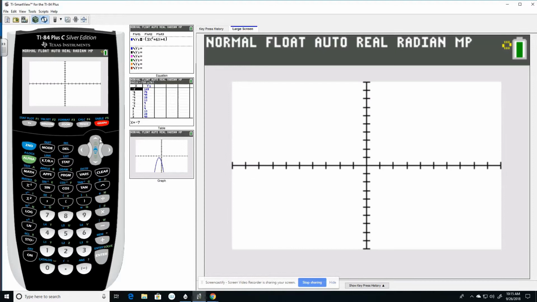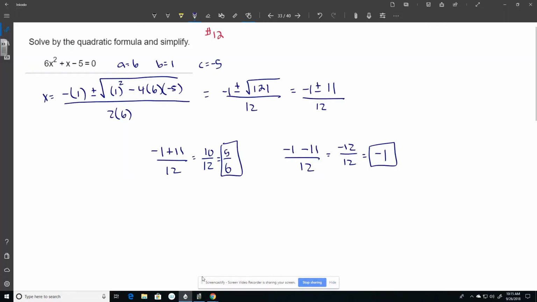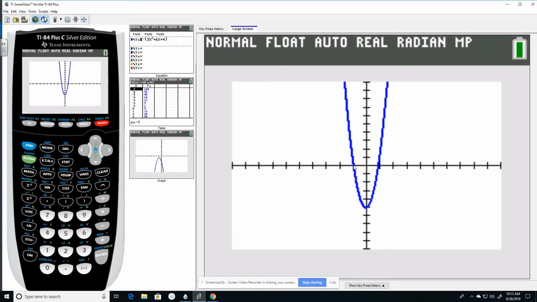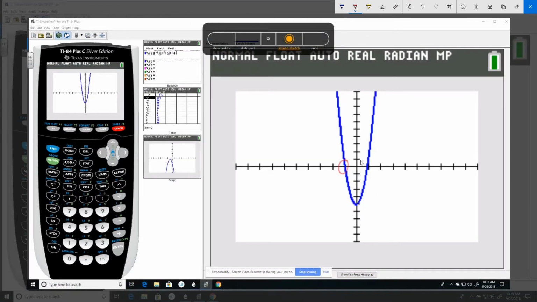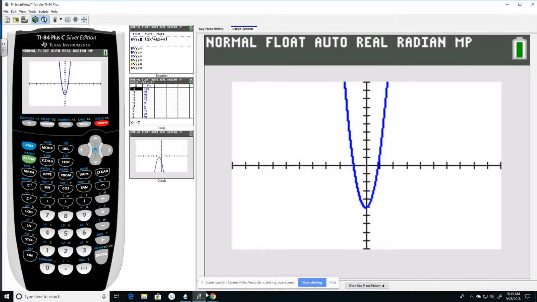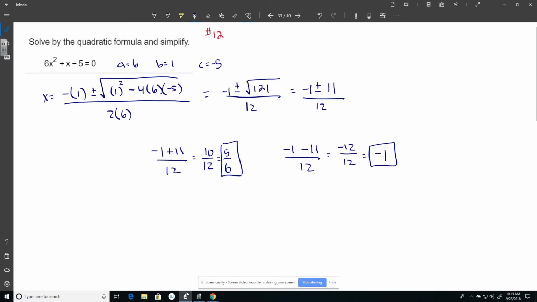And when I graph that, I'm hoping that I cross the x-axis at about 5/6 and at about negative 1. Well, there's my negative 1. That one was pretty easy to see. So that answer is correct. And then this one looks like it crosses just a little bit to the left of 1, which is at about 5/6. So I feel pretty good about those answers. I'm not going to plug them in. I think that those are correct.